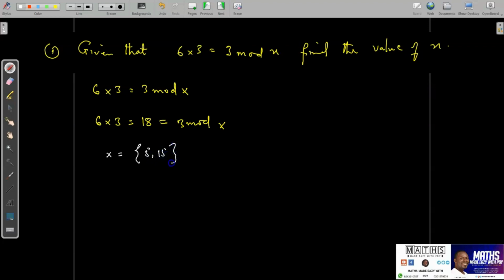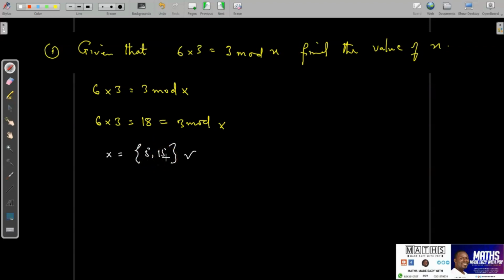Thank you. Modular arithmetic is about remainder arithmetic, and from this question we are looking for the modulo system. We've seen that the possible modulo systems are 5 and 15.